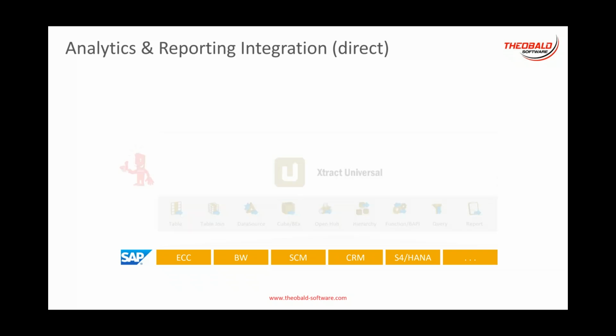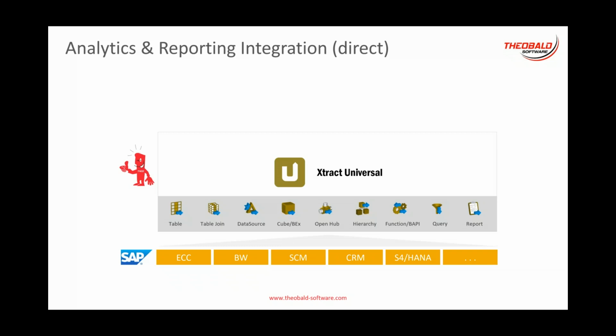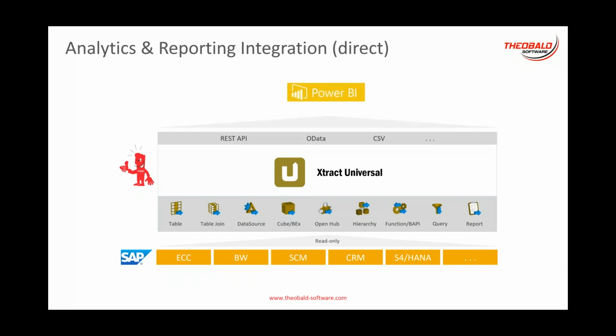There may be use cases for that where you don't want to go through a data store or database first. We support the same SAP sources that we talked about before. You have the same source extractors that we've talked about before. And you can go directly into a tool like Power BI. So let me show you a demo of this.